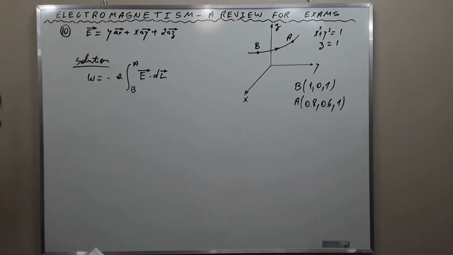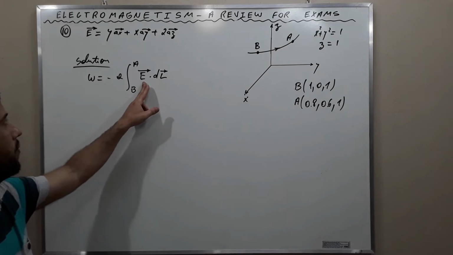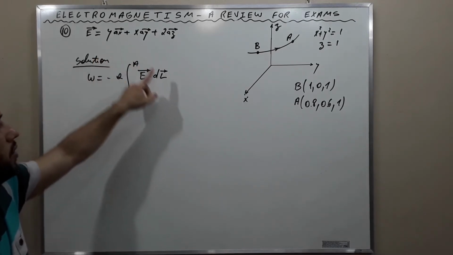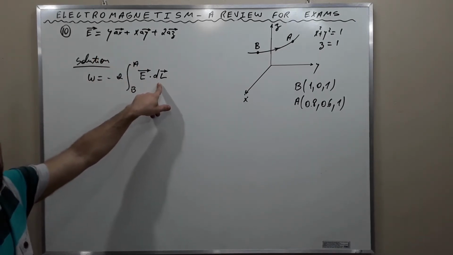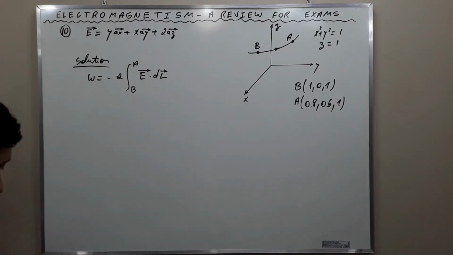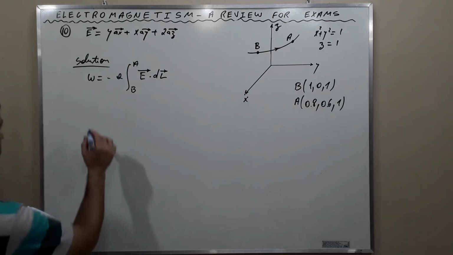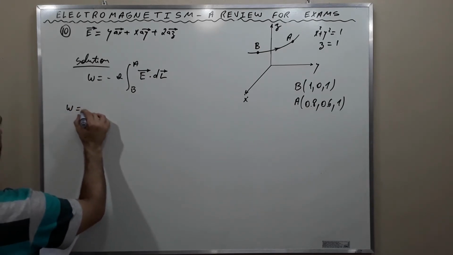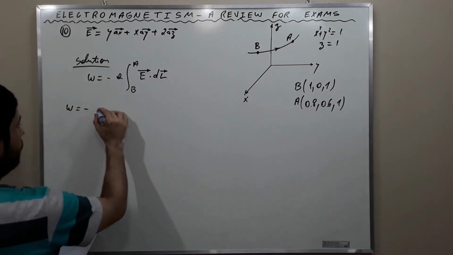This is a line integral, and it consists of working with the field in this direction and the parametrization of the curve. Let's work with it. So the work is going to be negative 2.